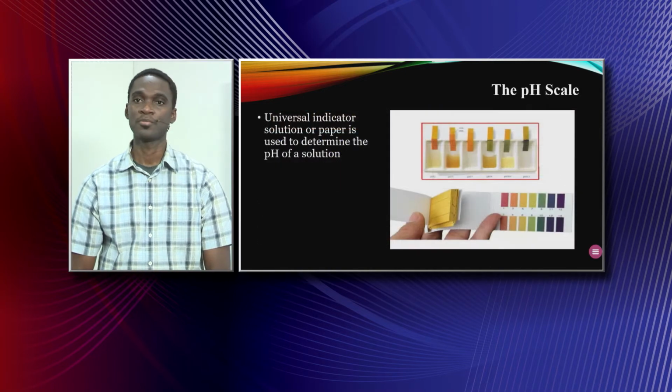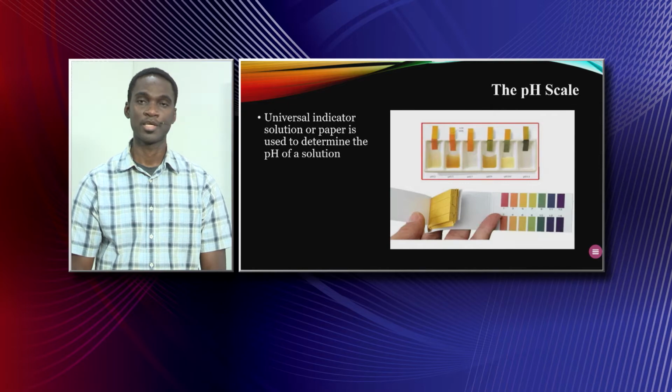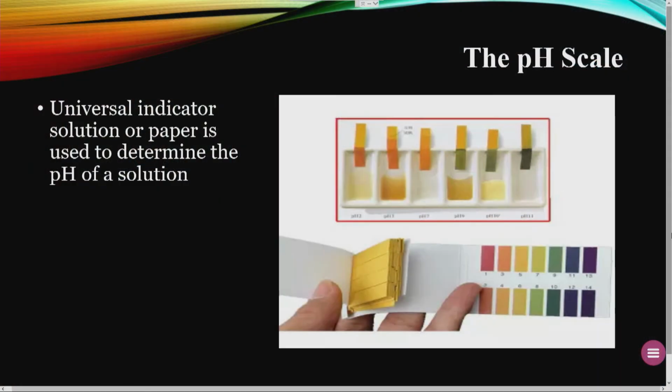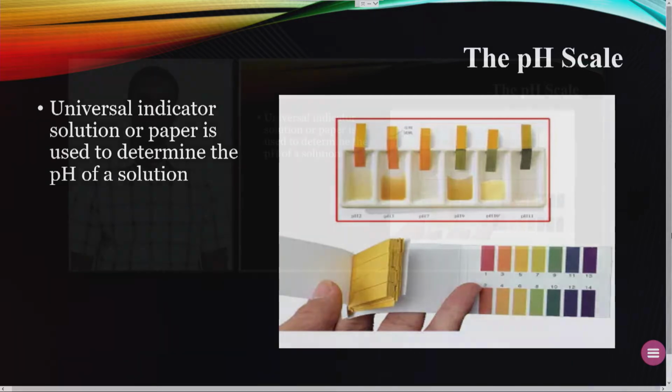So continuing with the pH scale, we can use universal indicator solution or paper, and that would be able to give us the pH of the solution. It would tell us exactly how strong an acid is, or how strong an alkali is, or whether it is neutral.